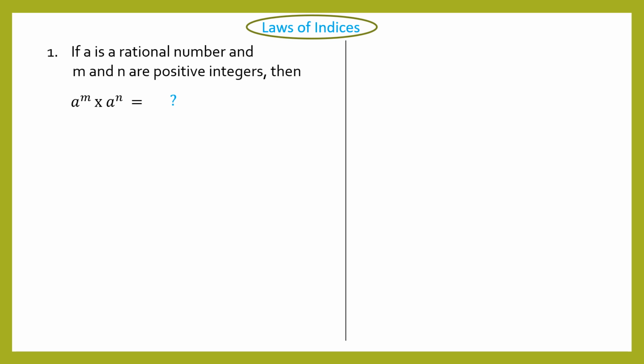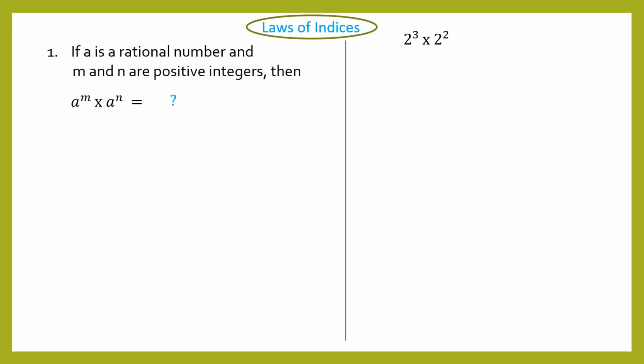Now dear children, in a raised to m into a raised to n, we can see we have numbers where the base is common, the base is a, and they are expressed in the form of a product. Now let's take an example to understand this law.